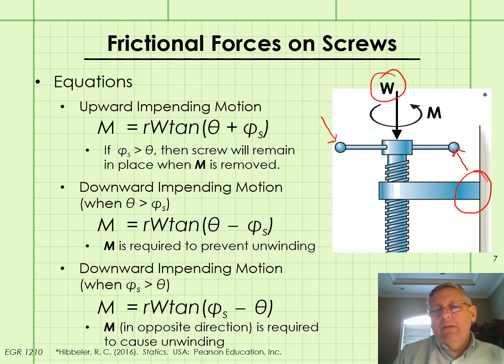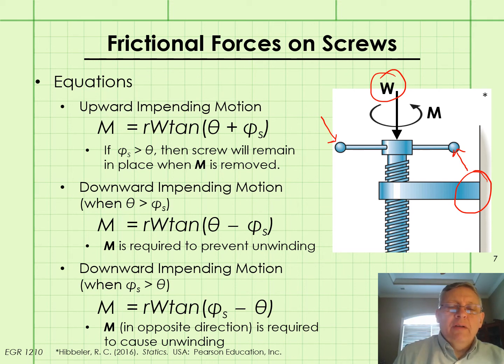what moment is going to be required to get the screw to turn counterclockwise, which will cause it to travel upward and lift the weight that is applied to its top.